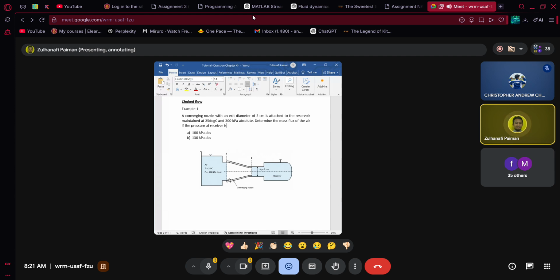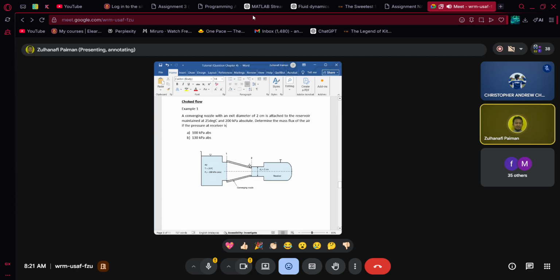When you reach Mach number equal to 1 at the end of your convergent nozzle, it means that the flow is choked.